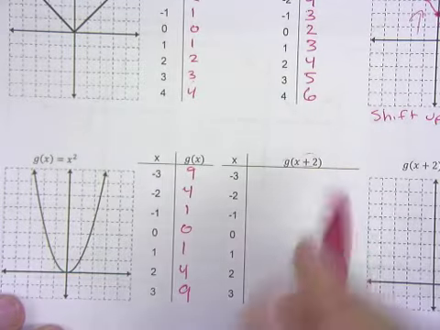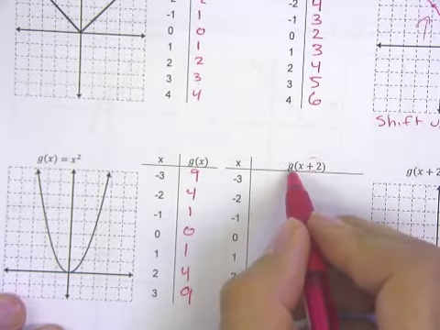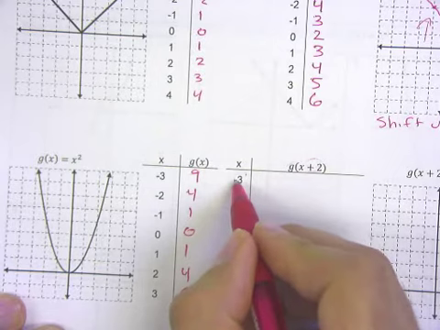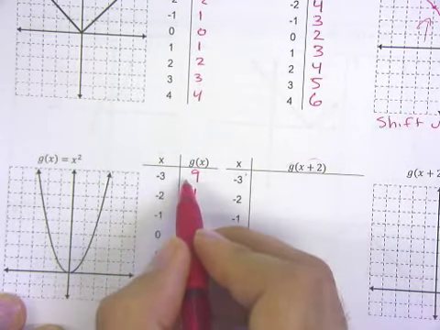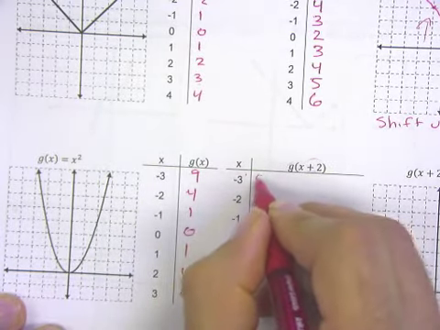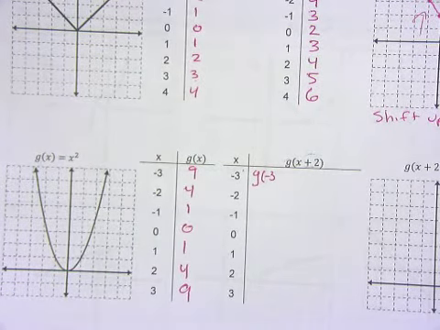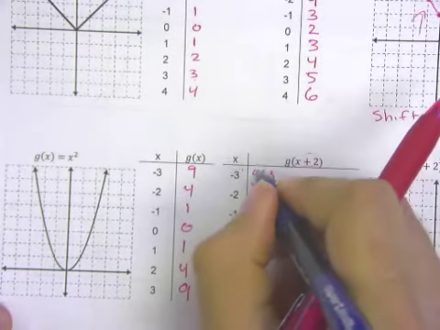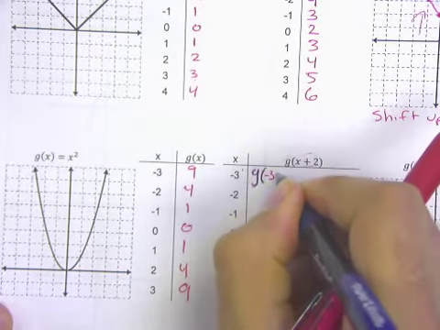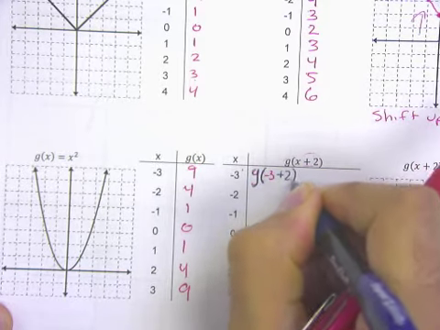Right, let's think here. When we take an input of negative 3, where before we just had negative 3 squared, now what's going to happen is that input of negative 3 is going to have 2 added to it before it gets evaluated. So it's going to be g of negative 3 plus 2.